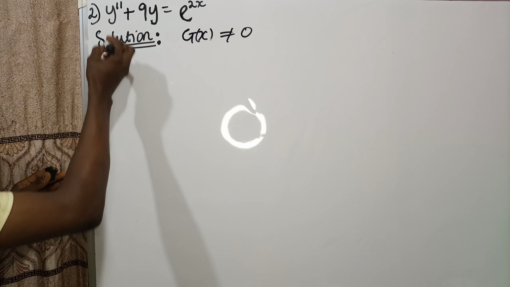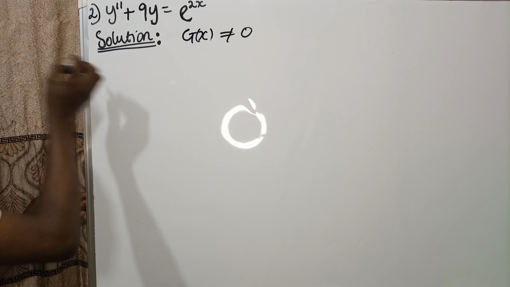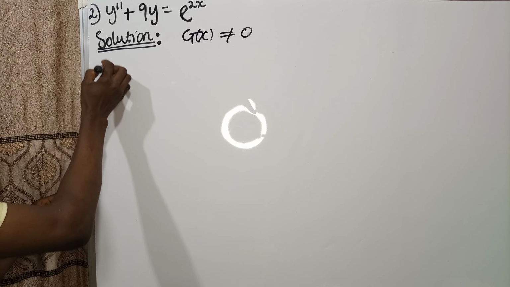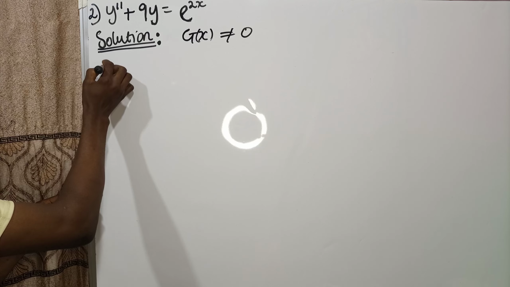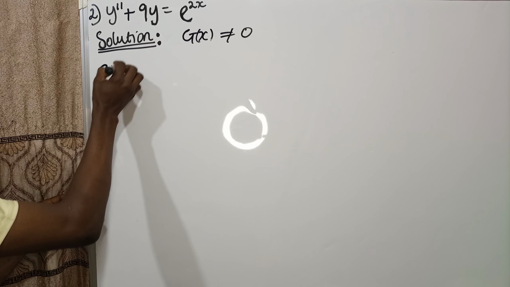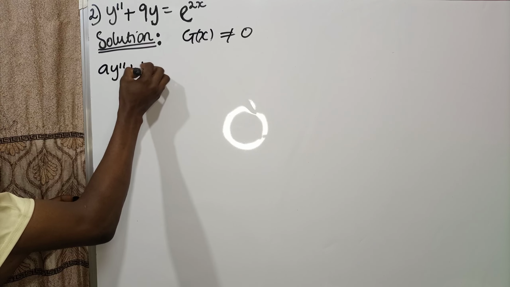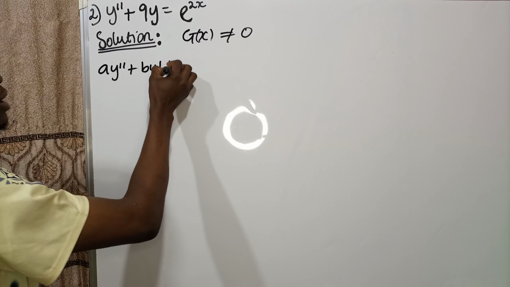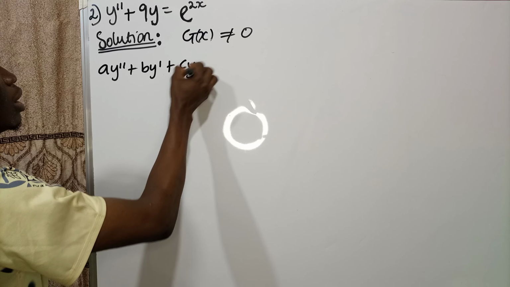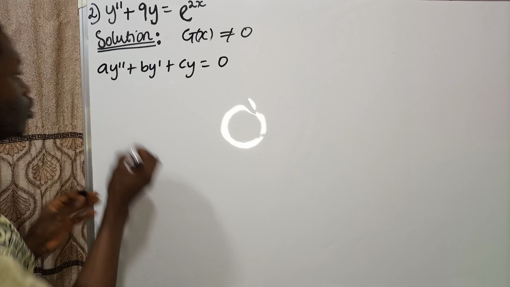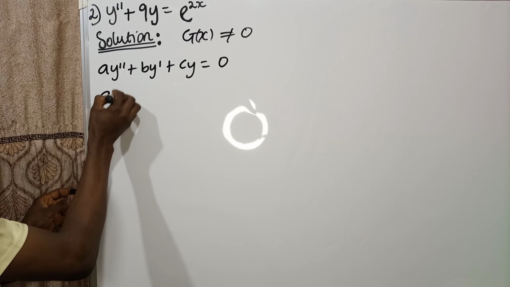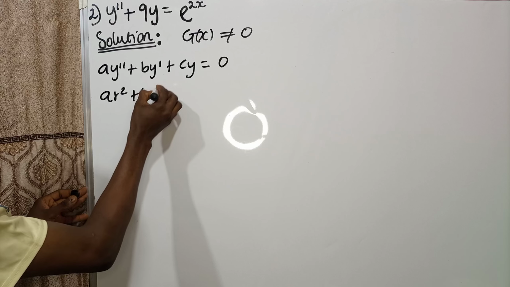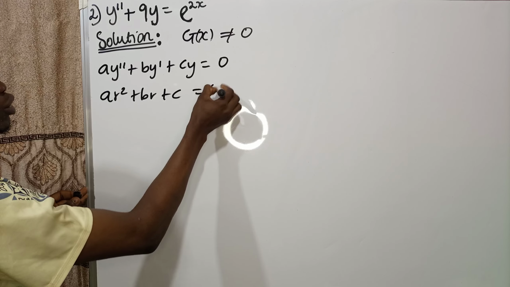For the homogeneous method, we use our auxiliary equation. Writing it as ay'' + by' + cy = 0, it becomes ar² + br + c = 0.